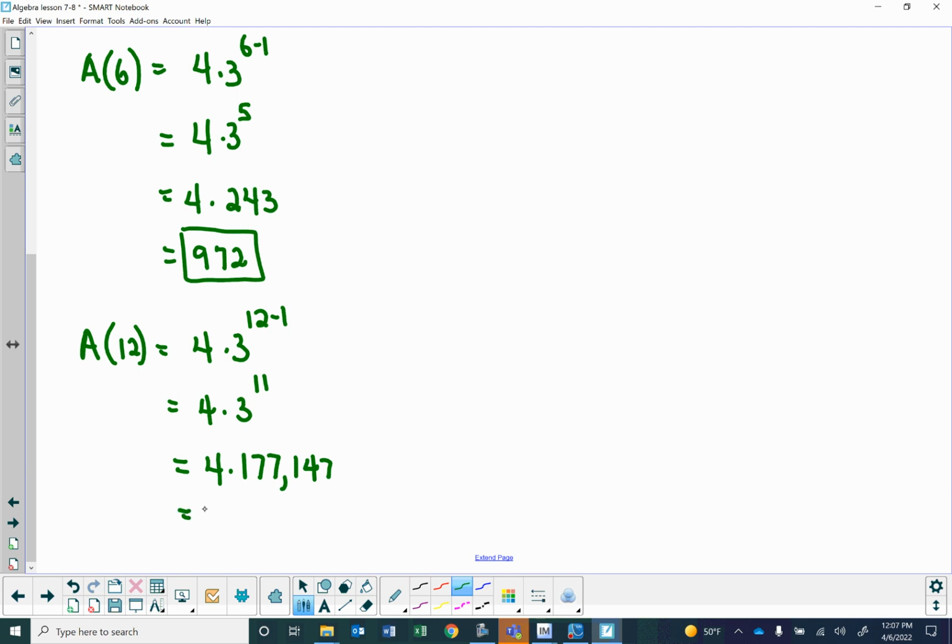And I multiply that by 4, and I'm going to get 708,588. So fairly large number there. Geometric sequences can get fairly large fairly quickly because you're multiplying versus adding.